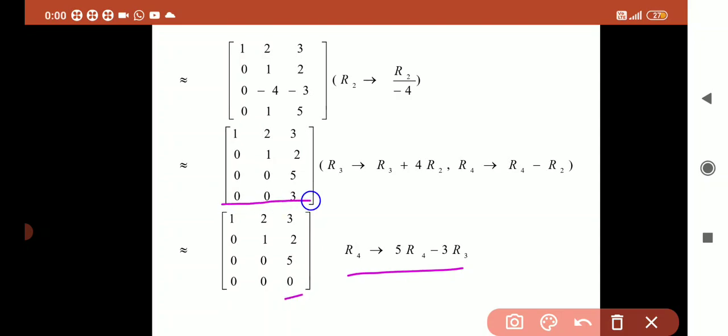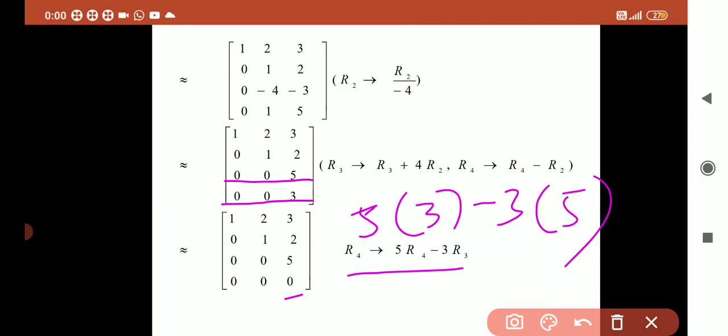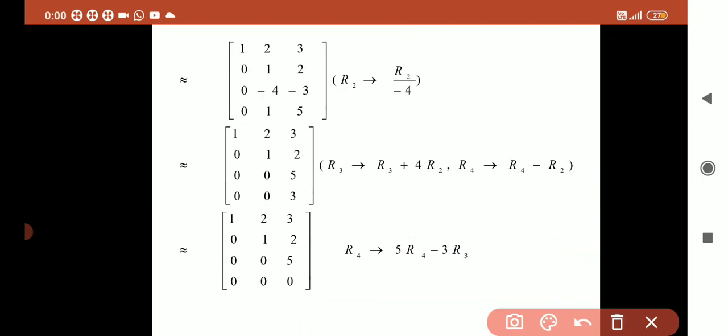We use this one and this one, multiplying: R4 changes to 5 times R4 minus 3 times R3. 5 times R4 means 5 into 3, minus 3 times the above element, which is 5, so 15 minus 15 equals 0 you will get.